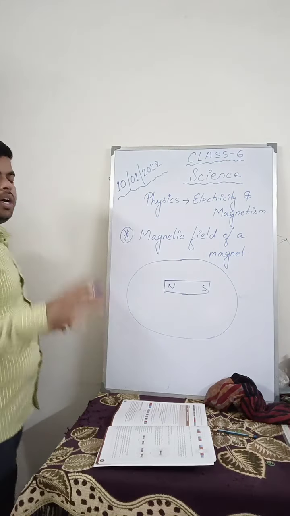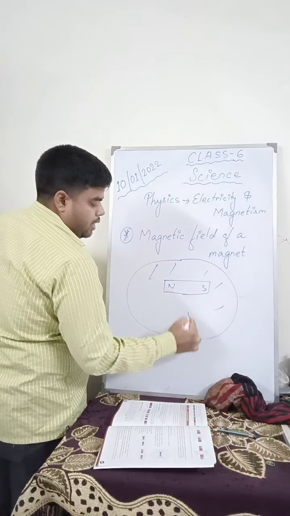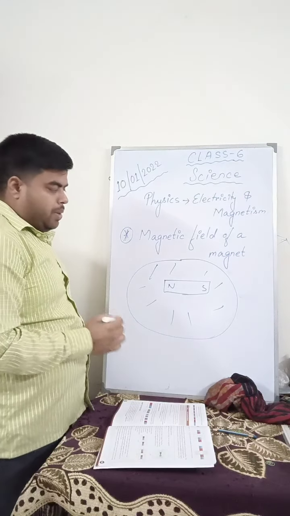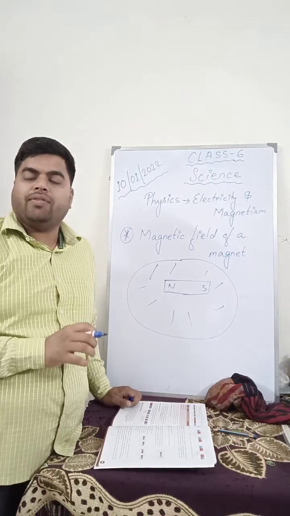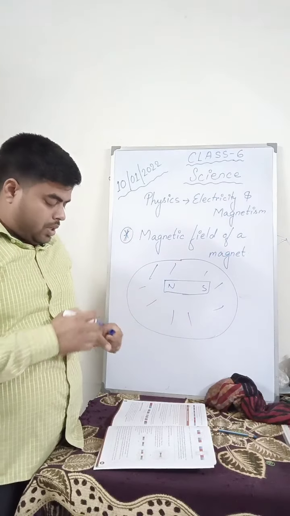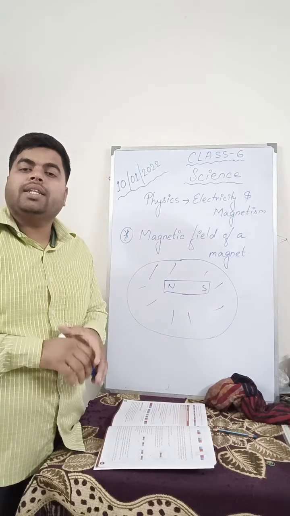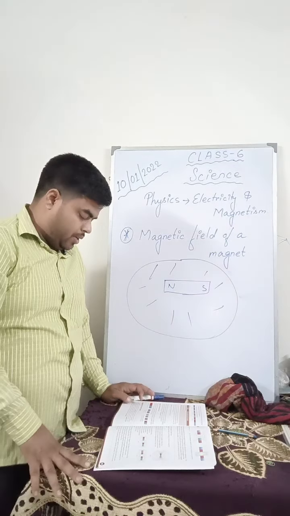It can attract as well as repel. That region, that area, is known as the magnetic field. Beyond this, the magnet is not going to behave as a magnet. It will have no power to attract or repel. So this region till which they can attract or repel is known as the magnetic field.